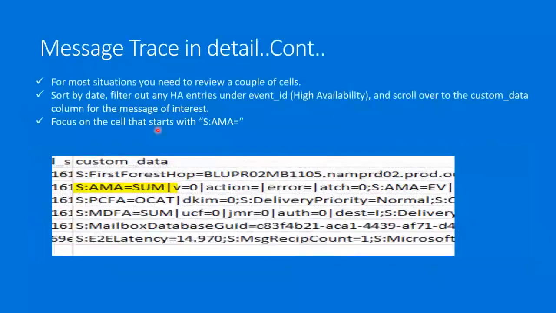If you look at this one, there is a column called AMA=SUM, which indicates the number of malware detections it was trying to identify. So this was a clean email.